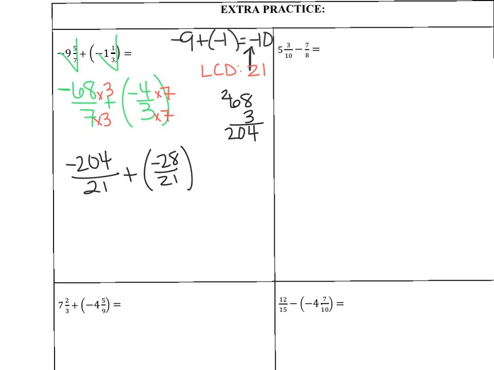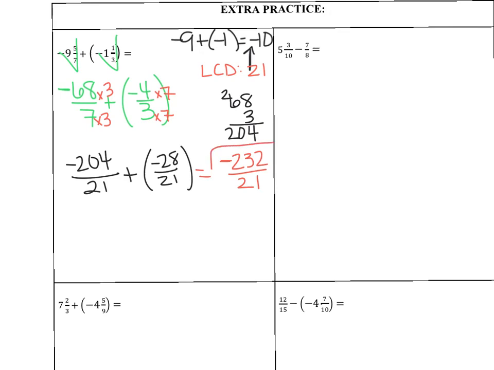Similar to what we did at the top, 2 negatives added together, I get to add them and keep them negative. So I'm going to do 204 plus 28. I know my answer is going to be negative, so negative 232 over 21.